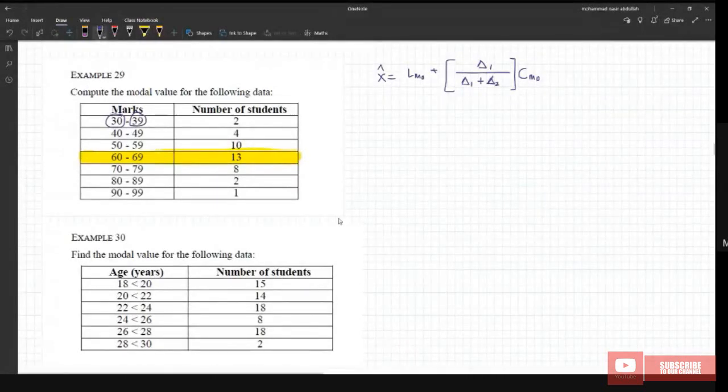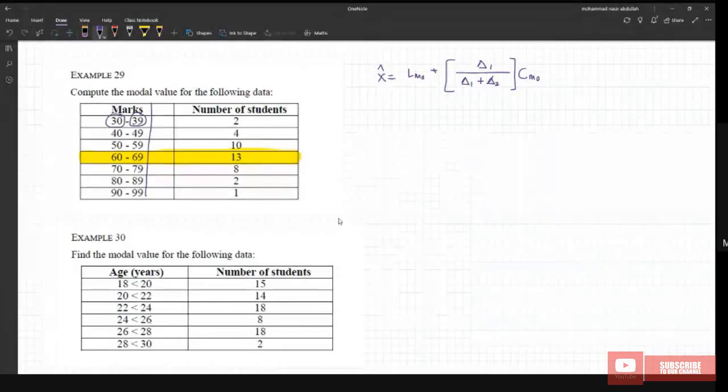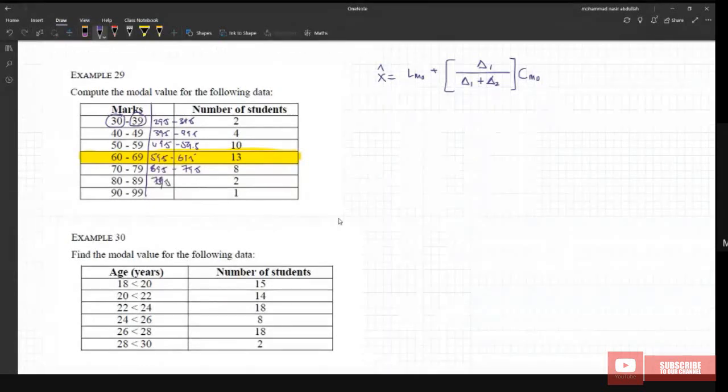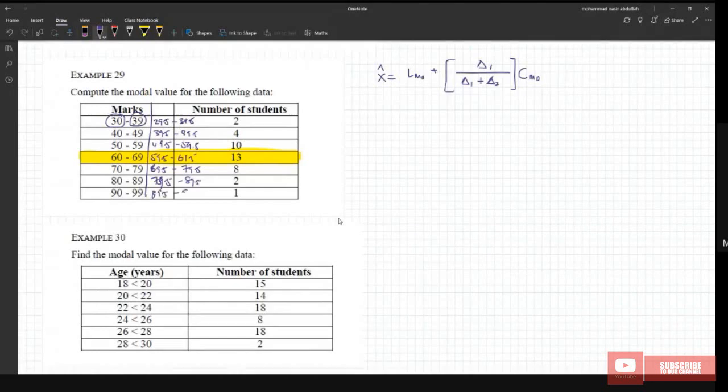So now we need to recreate the classes. We need to convert the class limits to class boundaries. So this is going to be 29.5, 39.5, 49.5, 49.5 to 59.5, 59.5 to 69.5, 69.5 to 79.5, and this is 89.5 to 99.5.